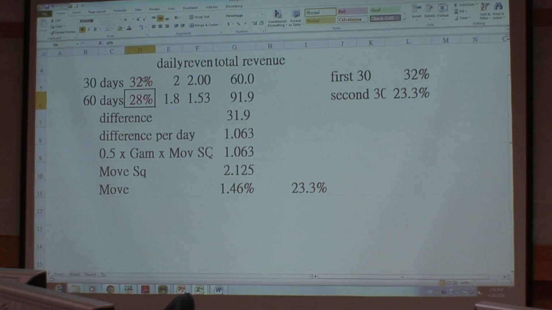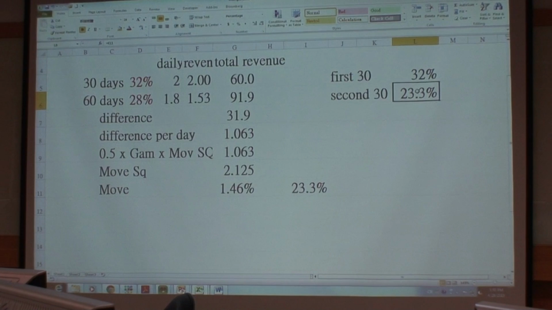So we look at it here, 30-day vol 32, 60-day vol 28. Similar calculation as we did makes that I have the first 30 days vol 32 and the second set of 30 days vol 23.